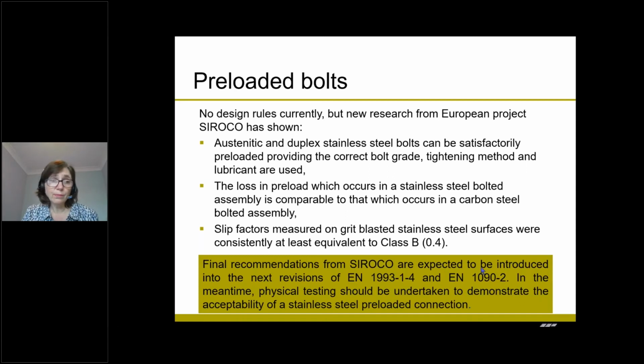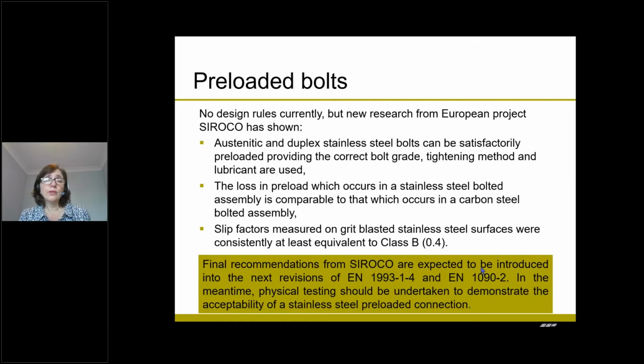On bridges, preloaded bolts are often used, and indeed on the stainless bridges that we heard about last week, or 2 weeks ago, preloaded bolts had been used. There aren't design rules at the moment, but these have been studied in quite a lot of detail.